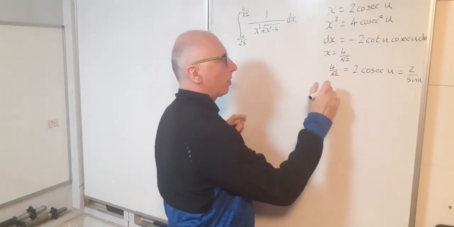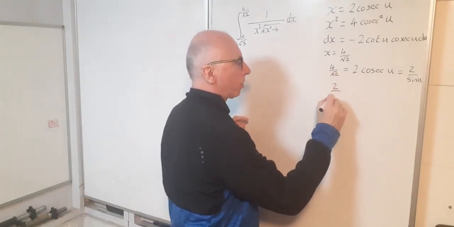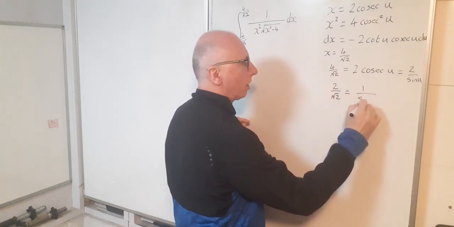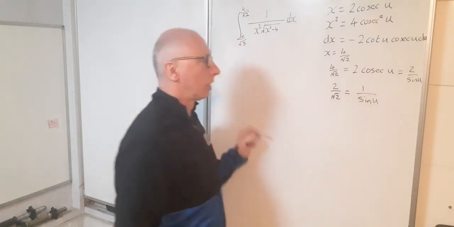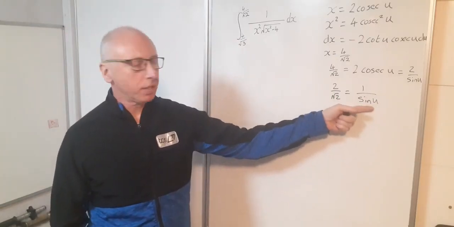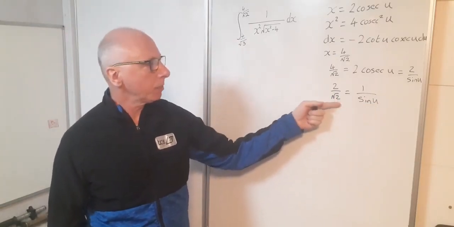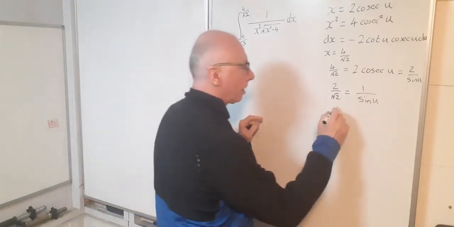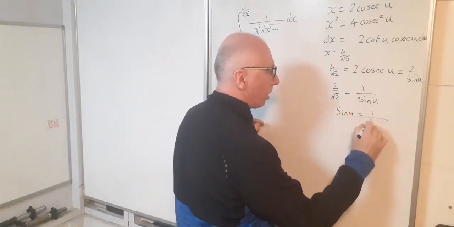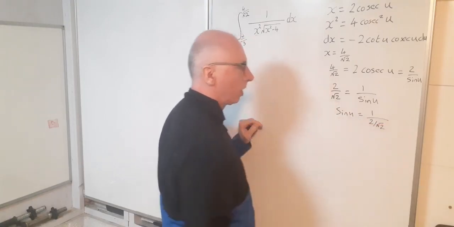I've then got 2 over root 2 equals 1 over sine u. Then if I multiply both sides by sine of u and then divide both sides by this, I will get sine of u equals 1 over 2 over root 2.